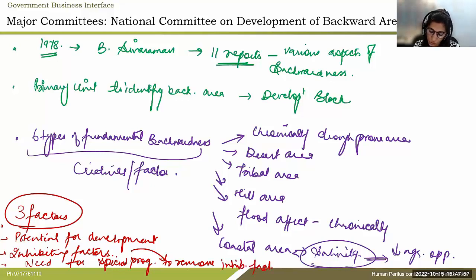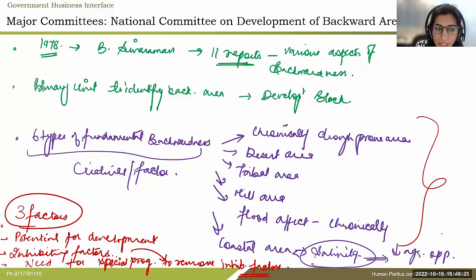All right. तो कुछ factors को हटाने के लिए there must be a need for special programs. ऐसा नहीं कि obviously there are some factors in backward areas, but there must be a specific need for the special programs that is needed there to remove those inhibiting factors. All right. So these were the various recommendations or suggestions of the National Committee on Development of Backward Areas.